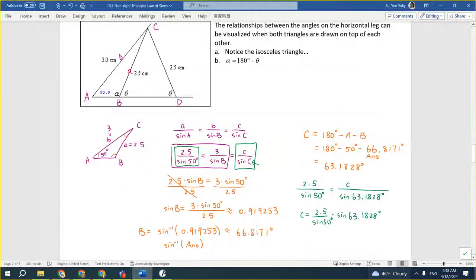Okay, put this in your calculator. What do you get? 125. Like that? Thank you. Yes, so this is the side C.